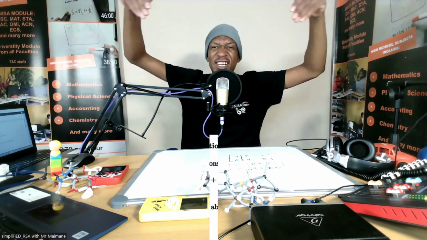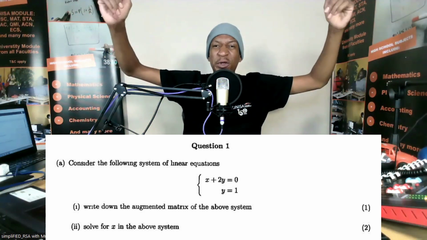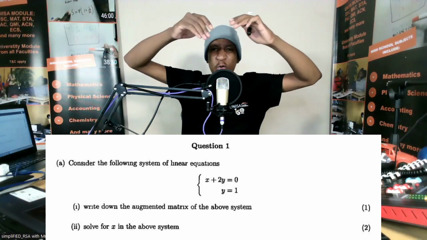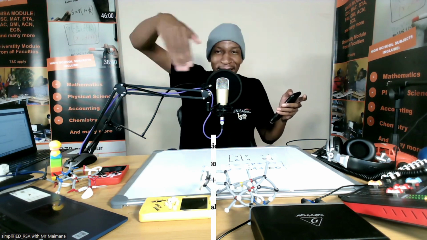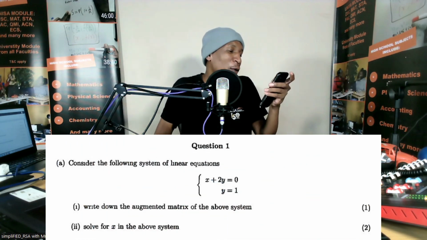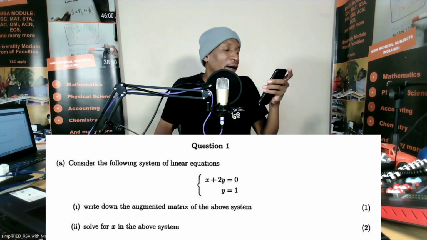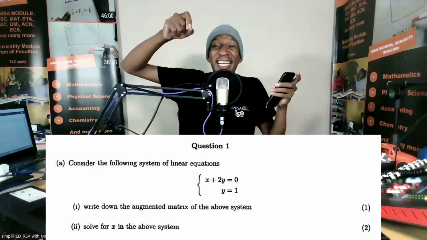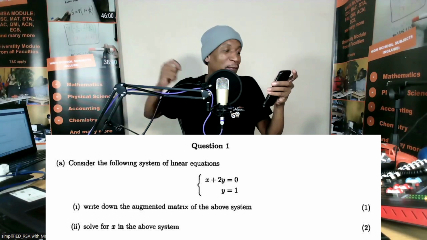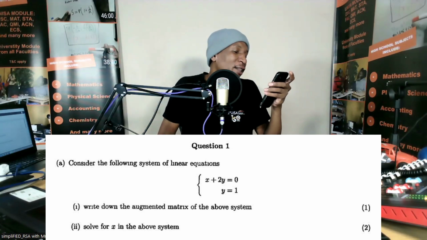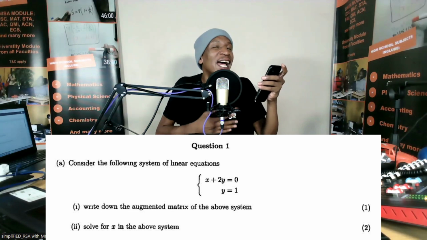Now, this is an extraction of a linear algebra question paper. I just want us to go through this. Obviously I have the question stored on my phone, but you will be seeing the question here, right? Question one reads, by the way, this is a question from a linear algebra question paper. Consider the following system of linear equations.